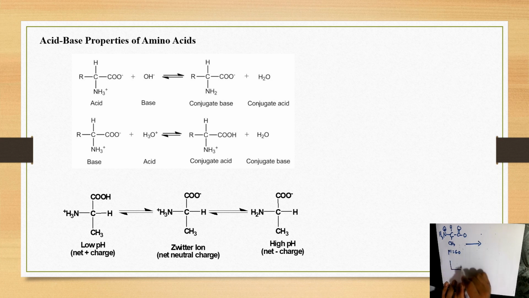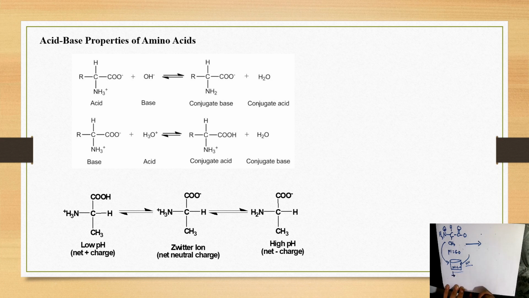Let's say this is your container that has the alanine. Initially the pH is 6.0. If you add an acid, eventually the pH of the solution will decrease. We just don't know the degree of decrease, but we know that upon adding acid, the pH will eventually decrease.